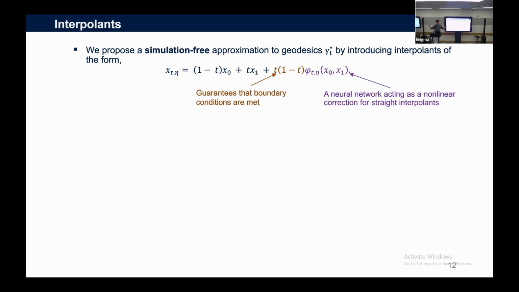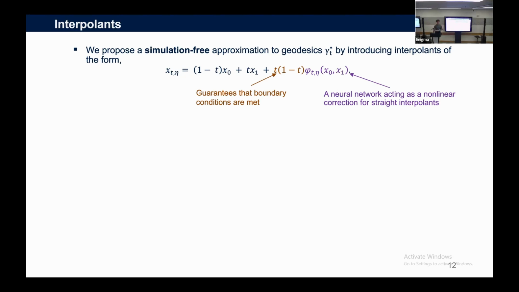You don't want to stray away and do crazy stuff. But then you also have a neural network term that depends on time, the starting and ending point, and additional parameters eta. So I'm giving flexibility to the path: instead of being a straight path, you can learn an arbitrary path with this neural network.